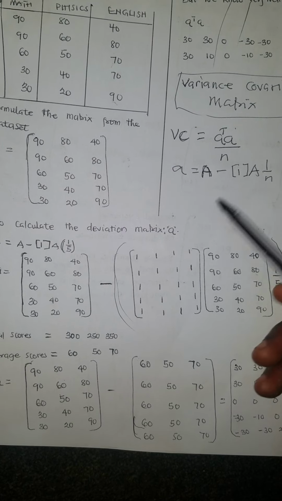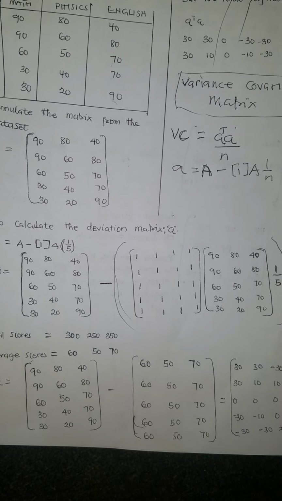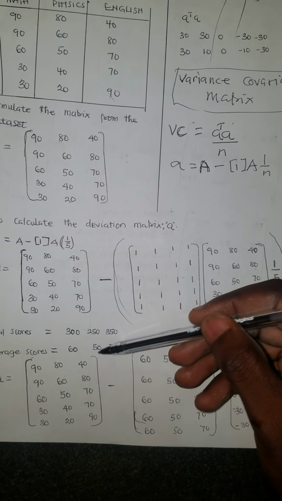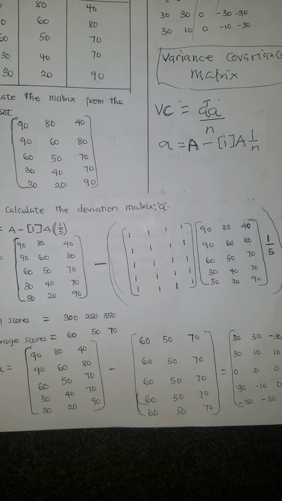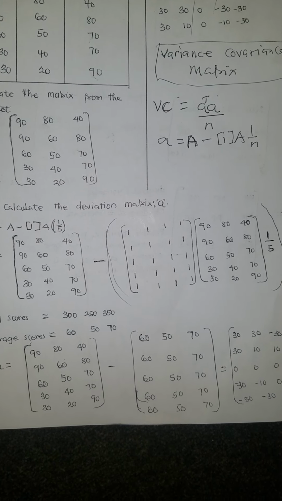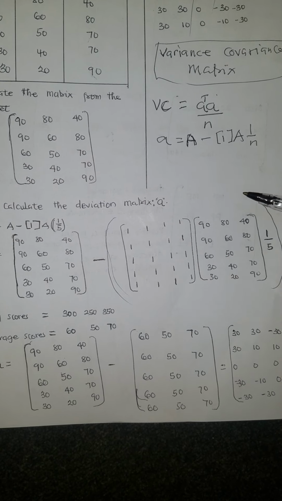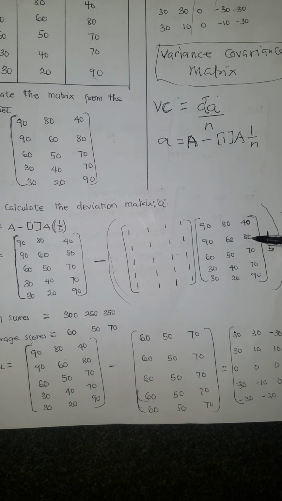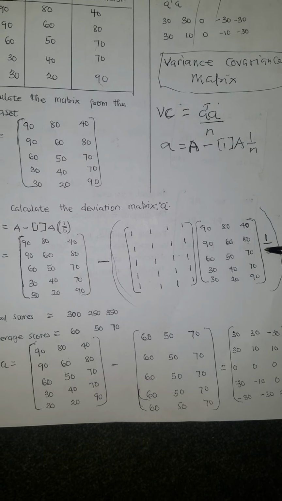Even if you take this and multiply it by this and divide it by 5, you still get 60, 50, and then 70. So it is the same thing as taking the unitary matrix, multiplying it by the main matrix, and then dividing it by the number of samples we have.